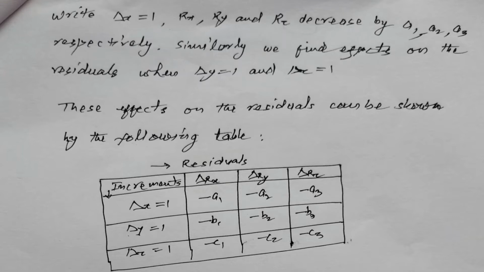When delta x equal to 1, delta Rx is minus a1, delta Ry minus a2, delta Rz minus a3. When delta y equal to 1, delta Rx minus b1, delta Ry minus b2, delta Rz minus b3. And when delta z equal to 1, delta Rx minus c1, delta Ry minus c2, delta Rz minus c3.